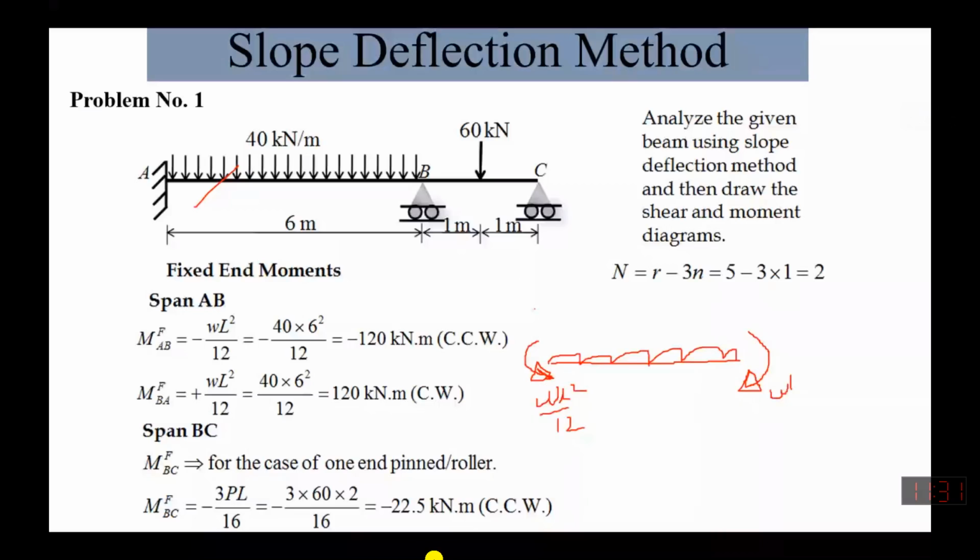Now this is our WL. If we apply WL square over 12 here and WL square by 12, you see there is a negative sign in MAB. So why this negative sign? Can anybody tell me why there is a negative sign over here?